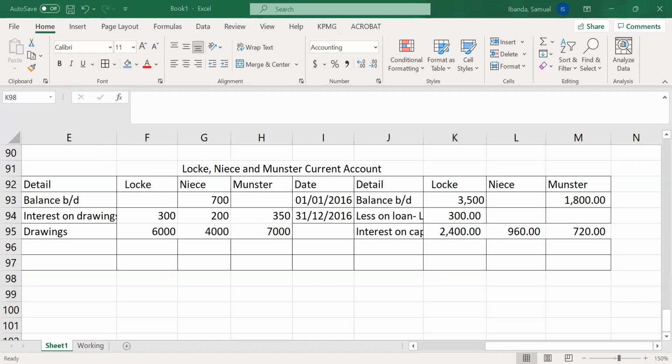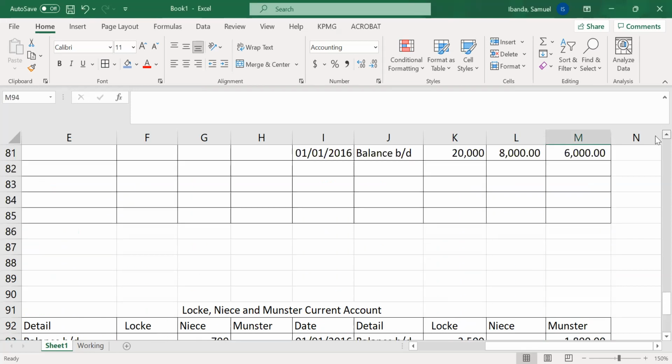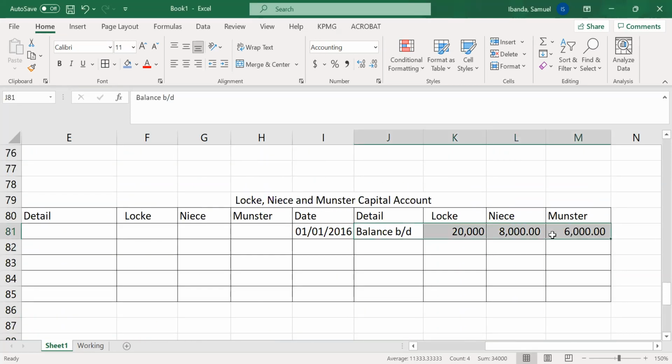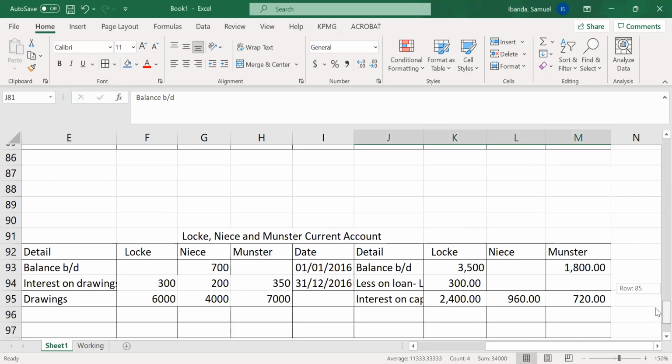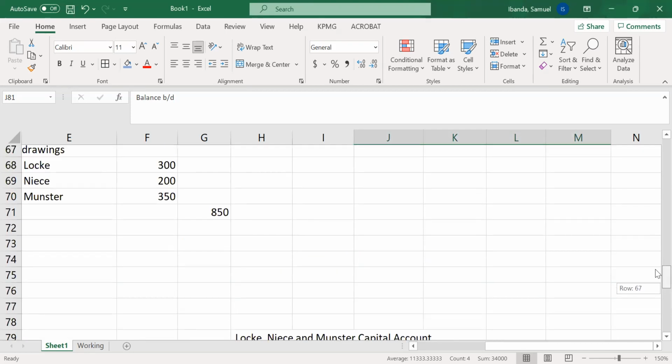Now, as we can see, our capital account remains untouched because it's more of a fixed capital account. Our capital account continues to only have items that we posted there. Remember, what went in the capital account was only the balance brought down. It would only change if the partners had contributed any other capital. What we have left out here is the salary.